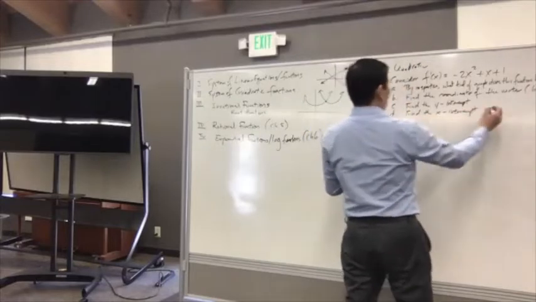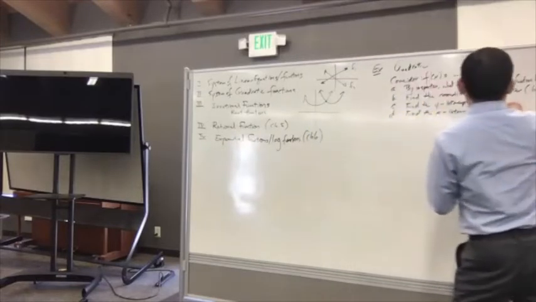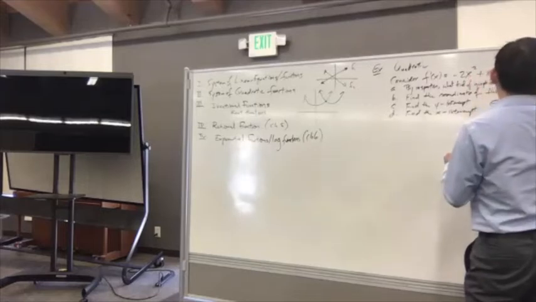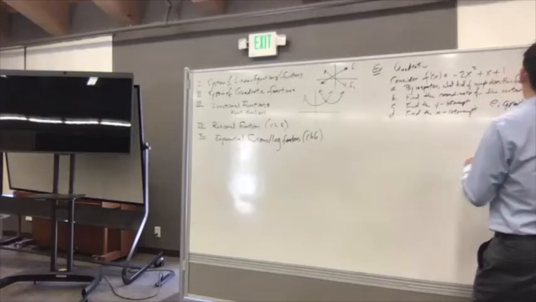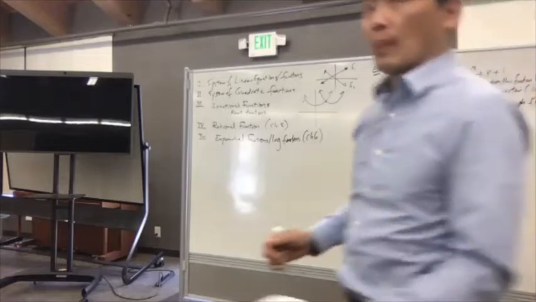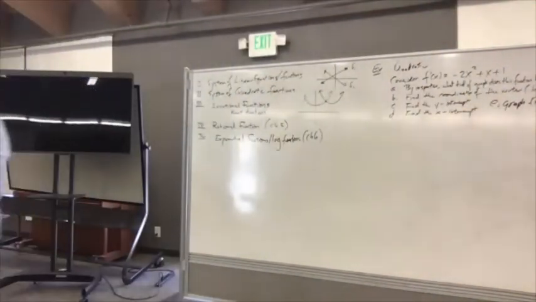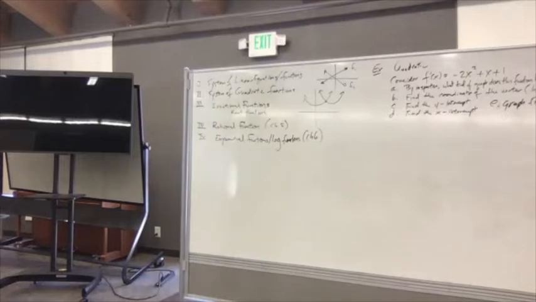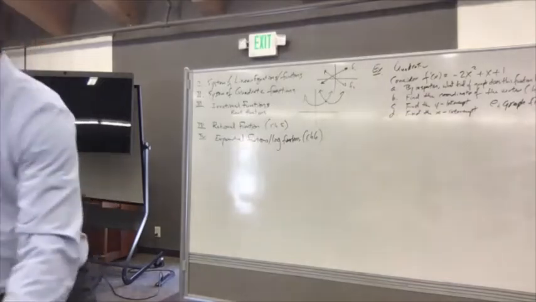And lastly, E, graph f(x). This is the kind of problem I will give on the test. So if I say you will have 7 problems, each problem will look like this. Okay? So go ahead and try to solve this.